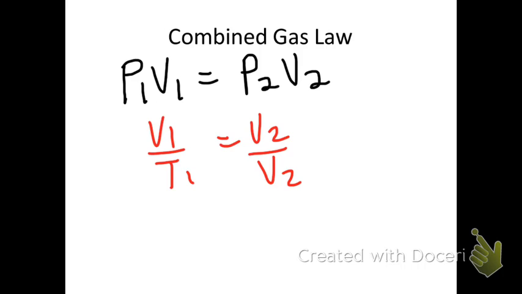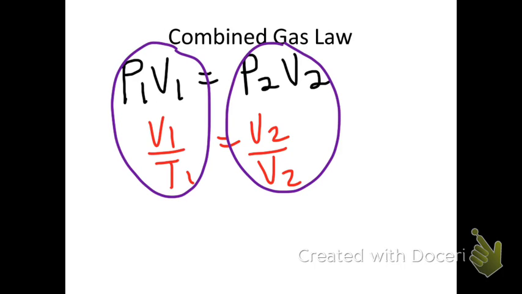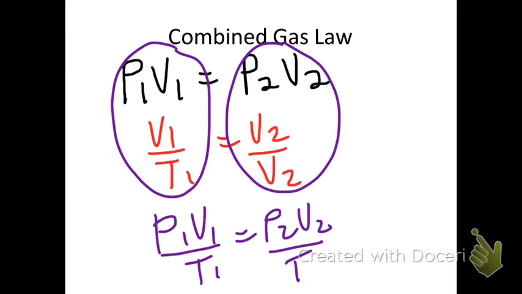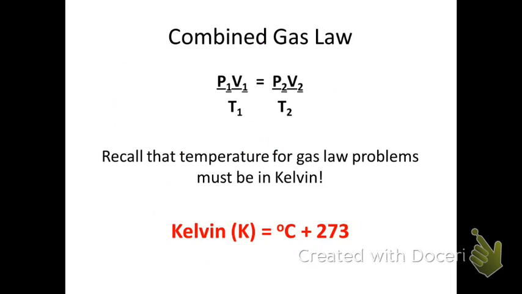So we're just having PV over T equals PV over T. This gas law is also located on your worksheet at the bottom of the Dalton's law. The temperature will have to be in Kelvin, just like the other gas laws. To get Kelvin, you're going to add degrees Celsius plus 273.